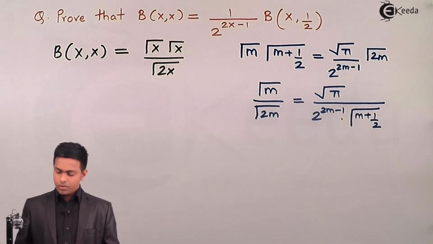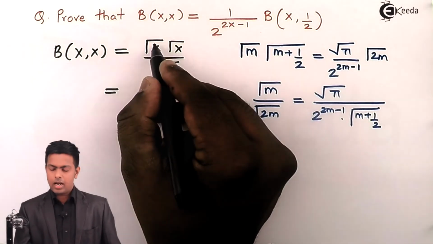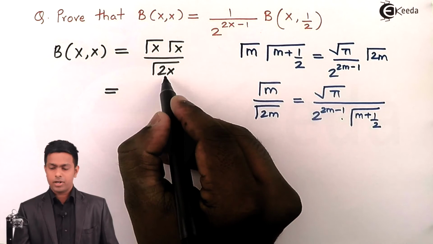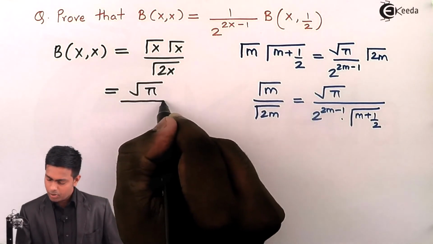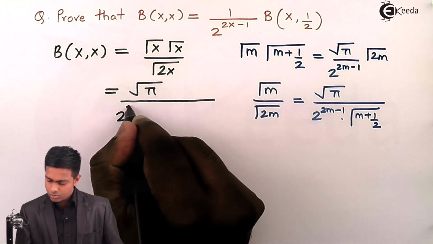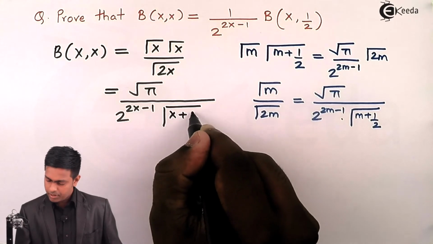So let's start. Here I'll say gamma x upon gamma 2x is equal to root pi upon 2 raised to 2x minus 1 gamma x plus 1 by 2.